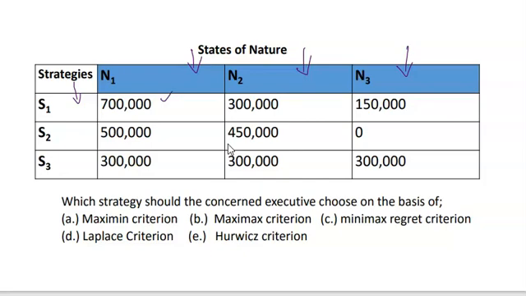If you combine strategy X1 with state of nature N3, you get 150,000 naira. Likewise, if you adopt strategy X2 in combination with state of nature N3, the yearly profit is 0. That is what this table is telling us.